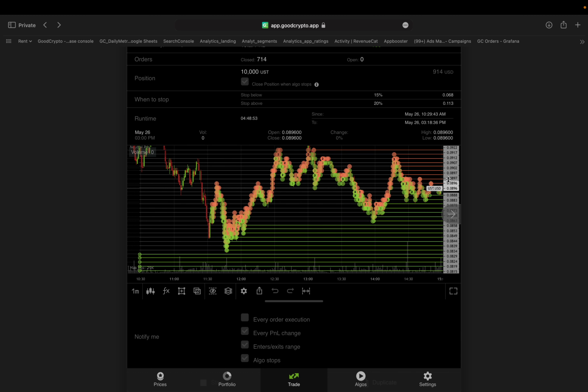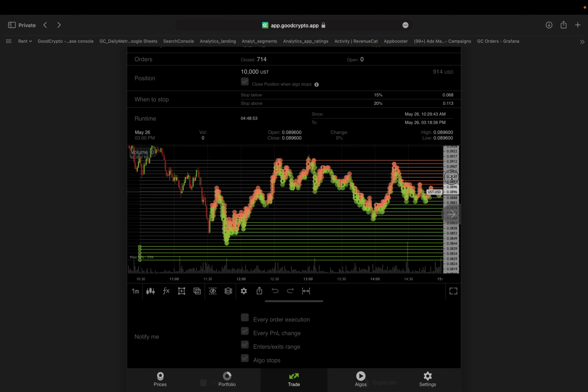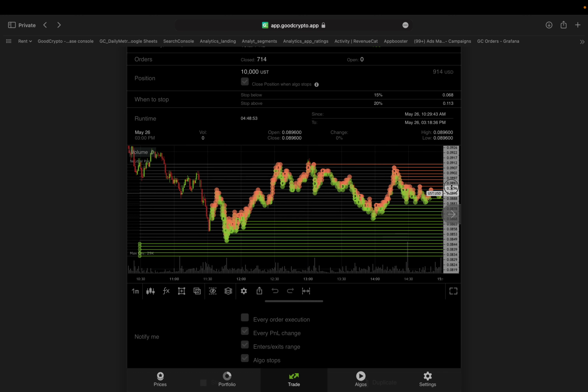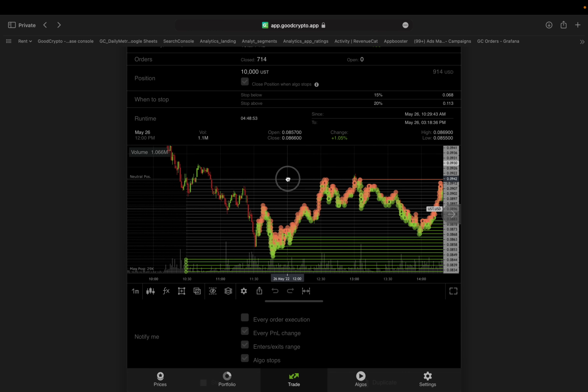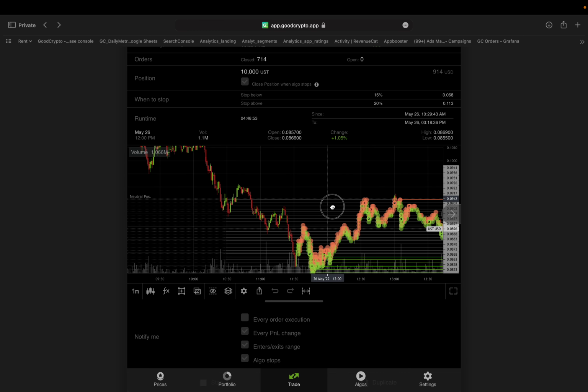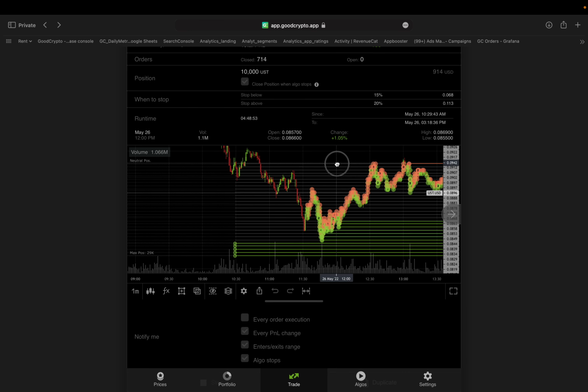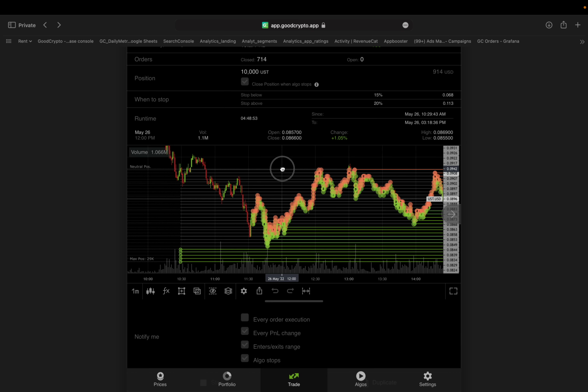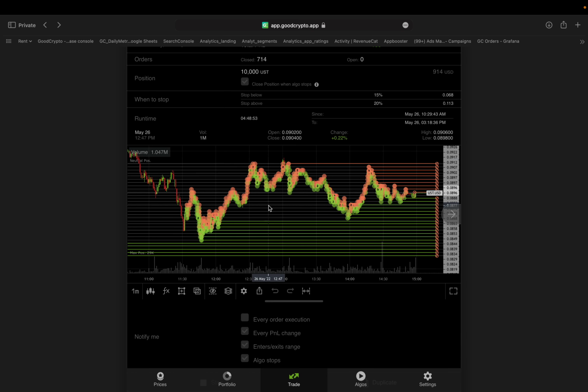The only thing that was left to decide while launching the grid is whether I think the price will stay in this range, or ultimately has a chance to go up or lower.